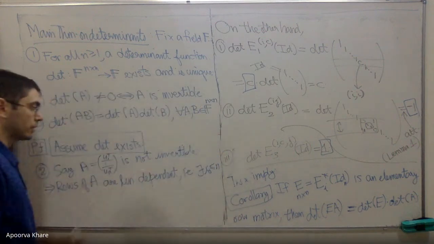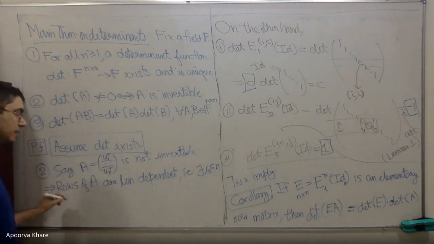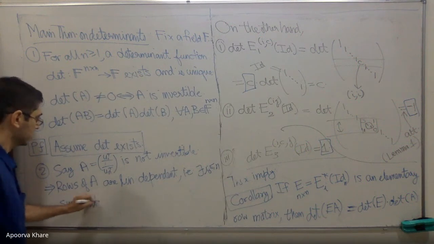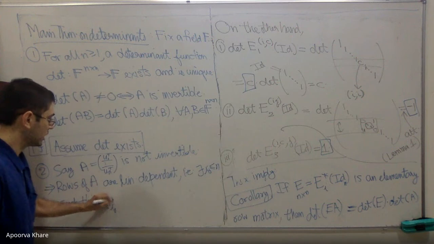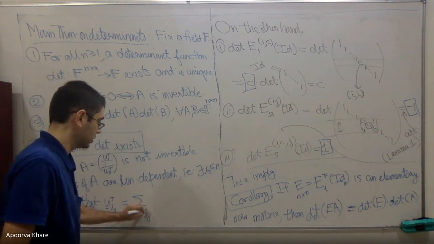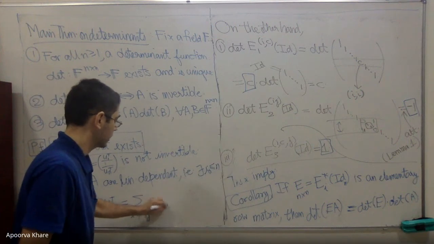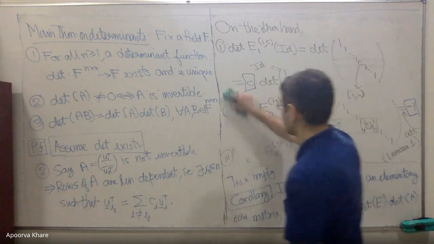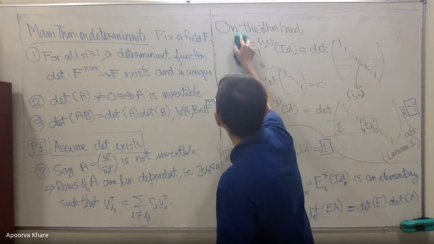Then the rows of A are linearly dependent, i.e., there exists i naught such that u_{i naught} transpose, the row, is a linear combination, the sum over i not equal to i naught of c_i u_i transpose, for some scalars. That is why the rows are not linearly independent.